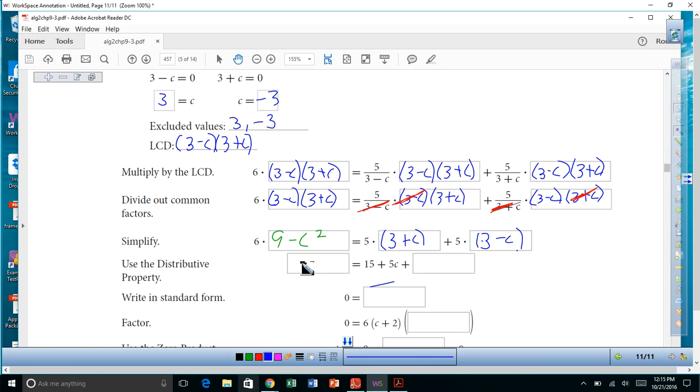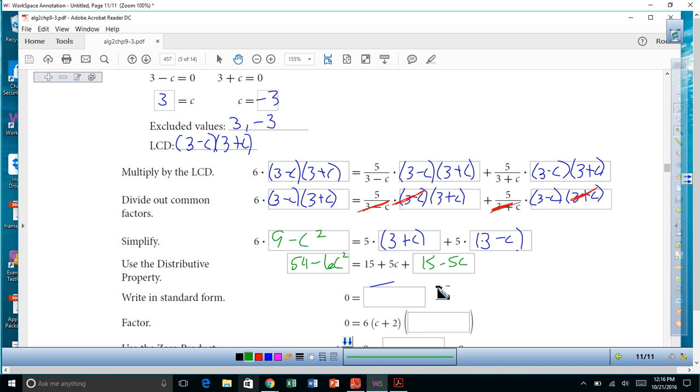All right. Use the distributive property. 6 times 9 is 54, and then 6 times negative c squared is negative 6c squared. And then 5 times 3 is 15. 5 times c is 5c. 5 times 3 is 15. And then that's going to be minus 5c.